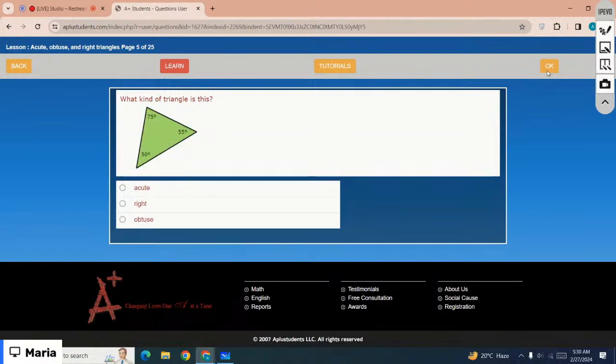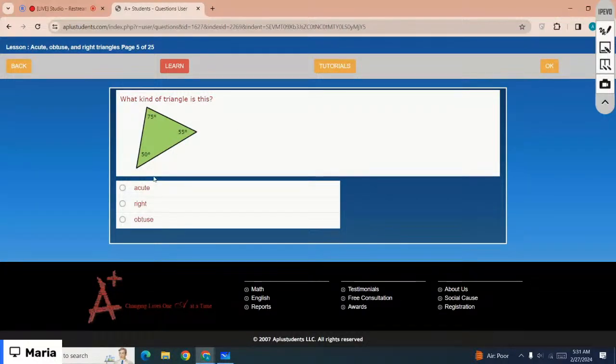Okay, the next one: what kind of triangle is this? Acute, right, obtuse. Which is the correct option? The correct option is acute triangle.